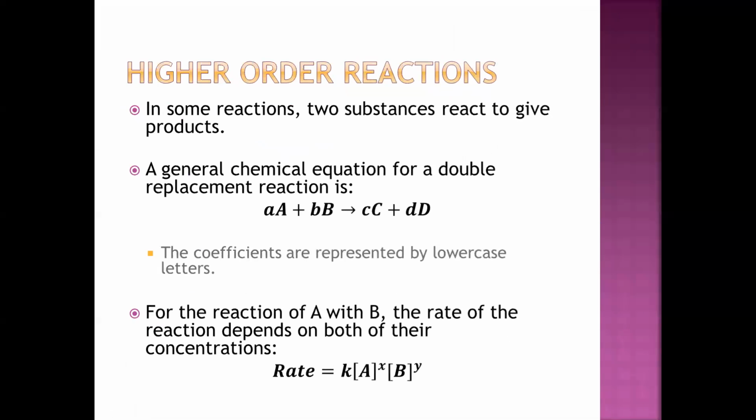You could also have more than one reactant, which happens a lot. So you can have more than just first order. So this is just a generic equation for double replacement where reactants A and B react to make products C and D. The lowercase letters are the coefficients in front.